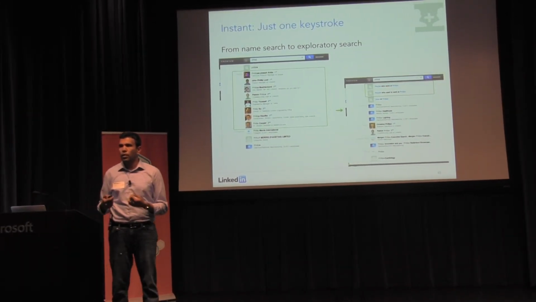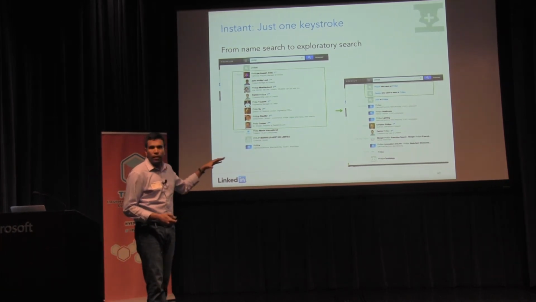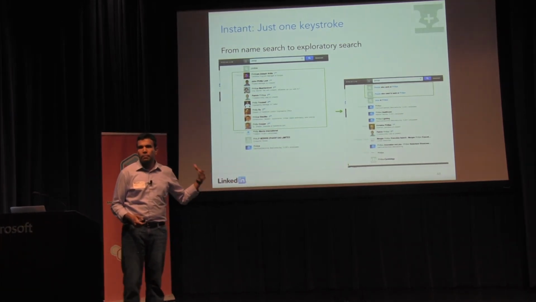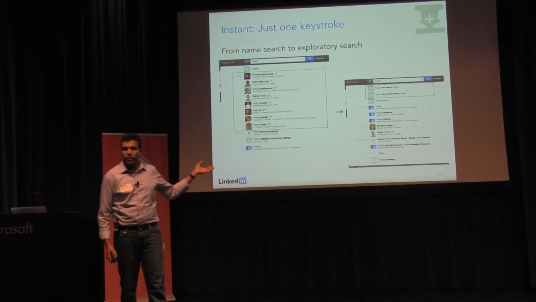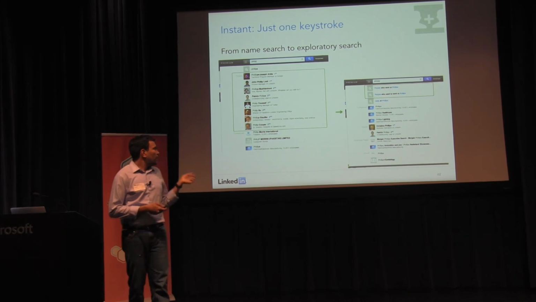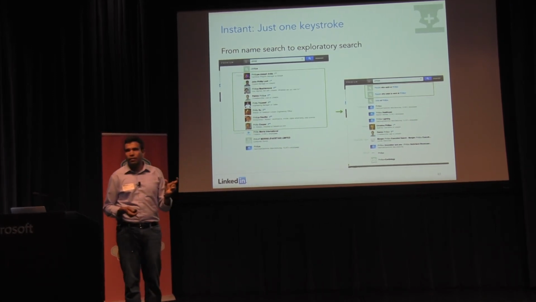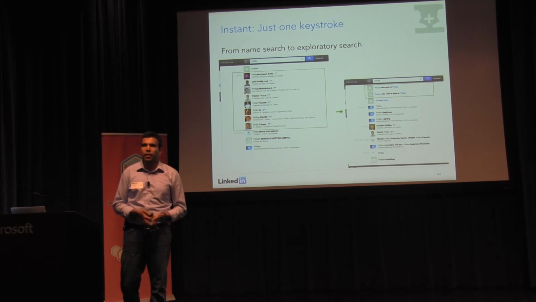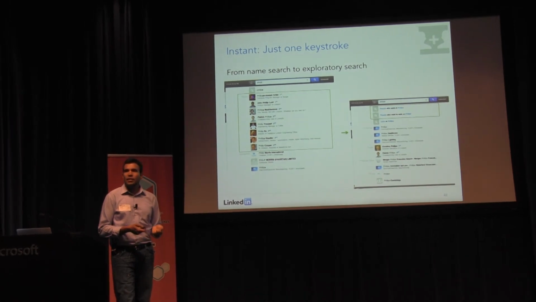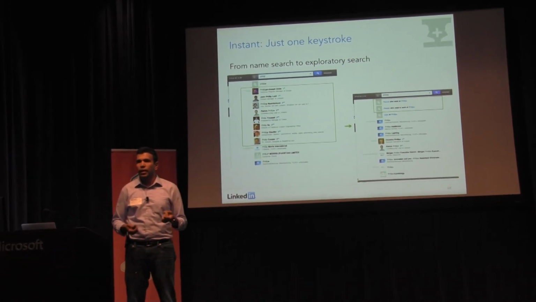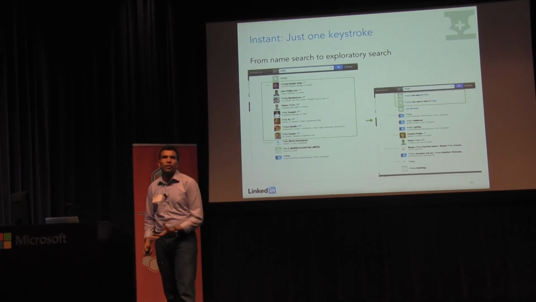We want to offer you people who work at Philips, along with the company page, and people whose names have Phillips in them, like Christina Phillips in this case. Notice also how Phillips is spelled with 2 L's, and we are able to do that instantly. We are able to match approximate names. And so that's how Instant is tailored to cater to both the average user as well as the power user.